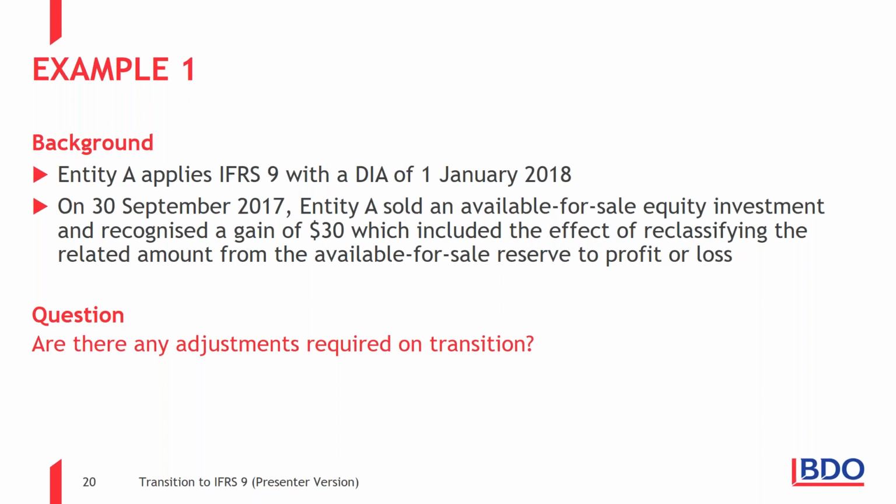And that $30 included the effect of reclassifying the related amount from your available for sale reserve in OCI to profit or loss. So the question is, are there any adjustments required on transition?